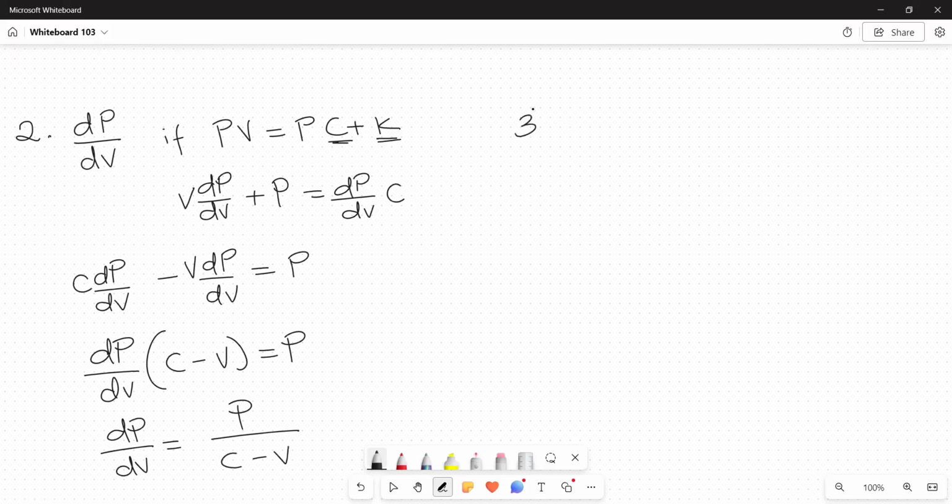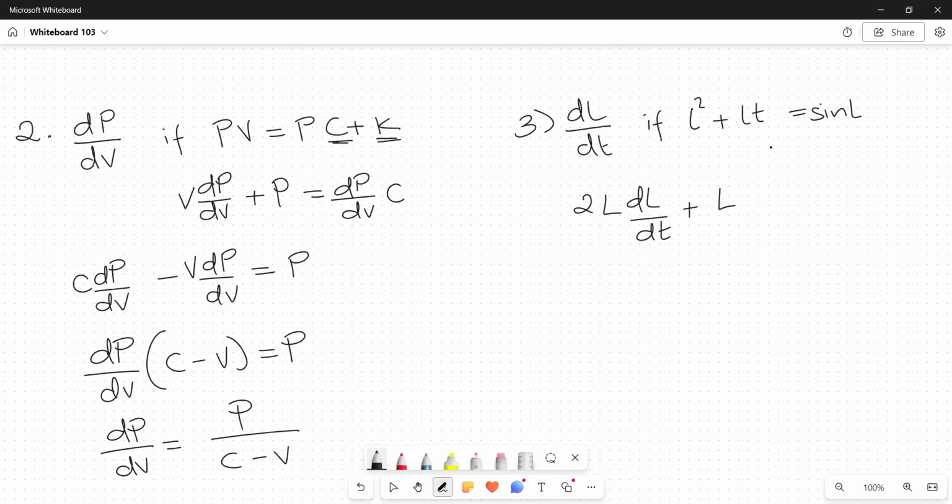Then number 3, we want to work out dL/dt if L squared plus LT is equal to sine of L. To differentiate L squared, we have 2L multiplied by dL/dt, and then for LT we have to use the product rule.